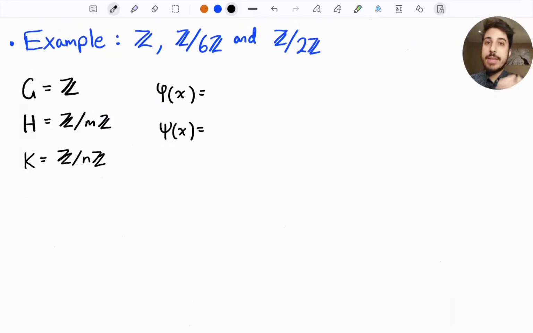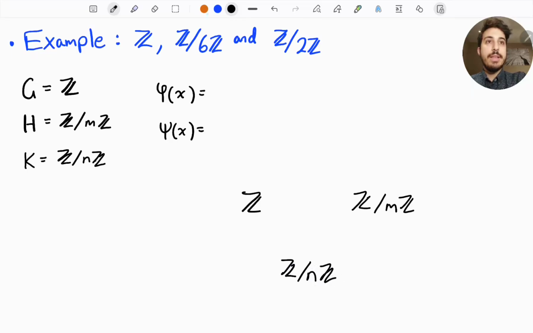Okay, let us now take a simple example. G is Z, H is Z/mZ, and K is Z/nZ. And our phi from G to H is defined to be taking the integer x and giving us x modulo m.